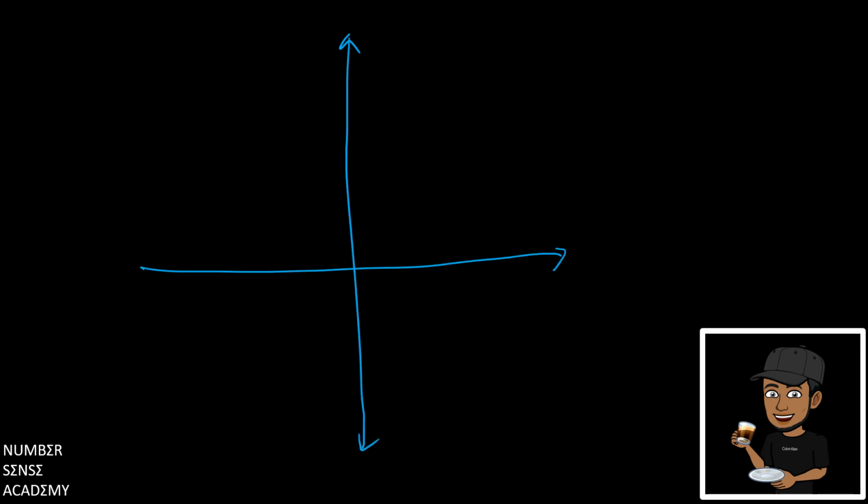Okay, what if we have a situation that looks like this? Where we have two lines. Let's change the color here. One's going that way, the other's going that way. Well, they're both going in the same direction. I'm going to indicate that these lines are parallel.